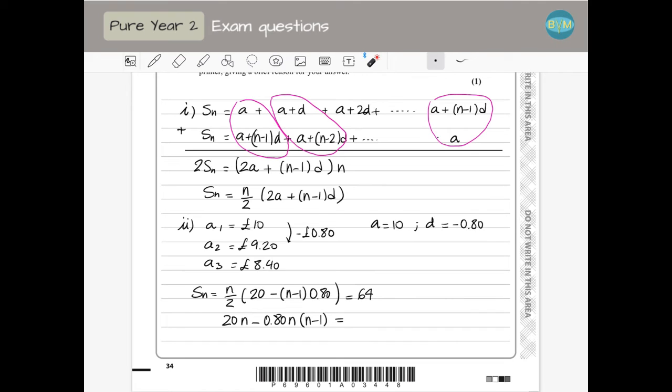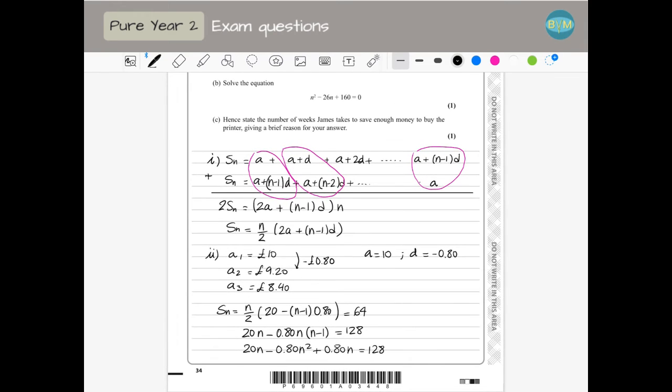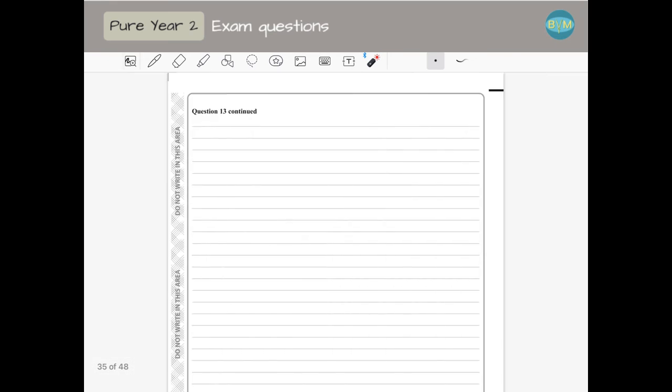I'm writing the 0.80 at the front, and then 64 times 2 is 128. And again, I expand the brackets, and I have 20n minus 0.80n squared plus 0.80n equals 128.